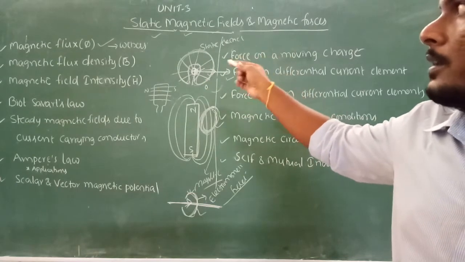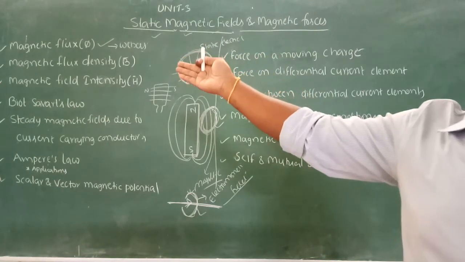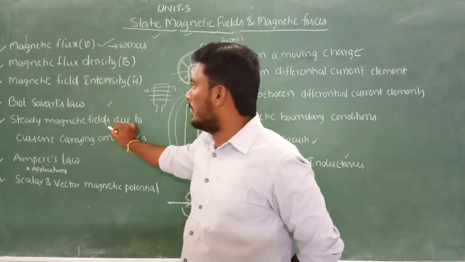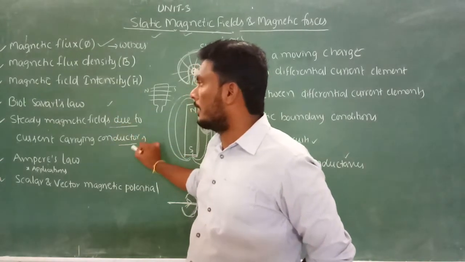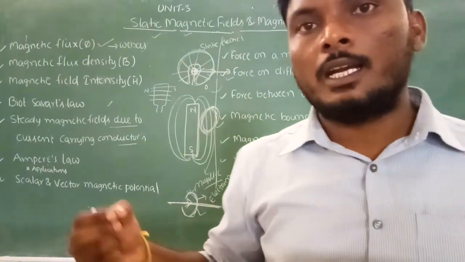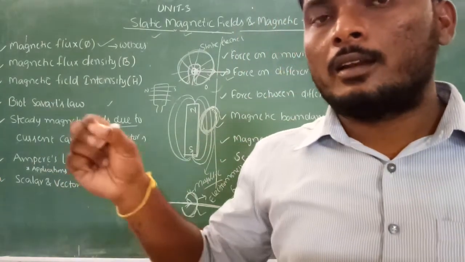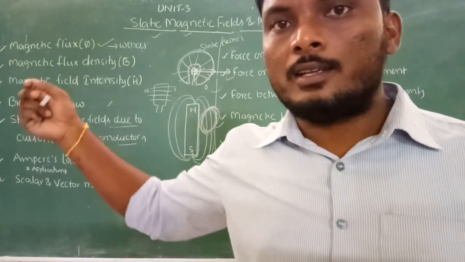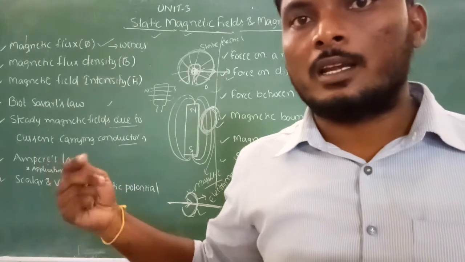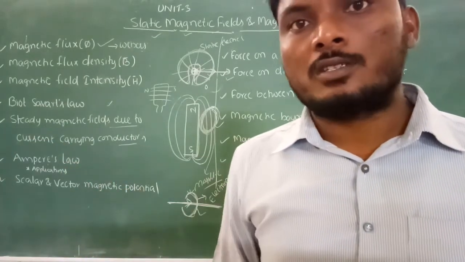In the static magnetic fields, we'll study Biot-Savart's law and steady magnetic fields due to current carrying conductors. It is similar to the topic which we studied in electrostatics: electric field due to infinite line charge, finite line charge, and charged circular ring.